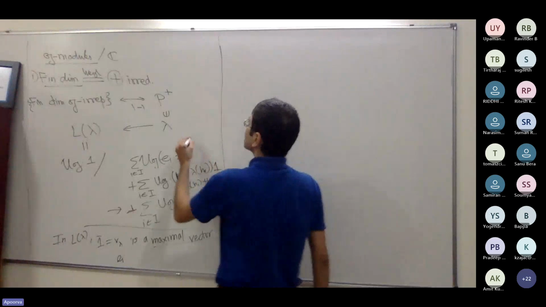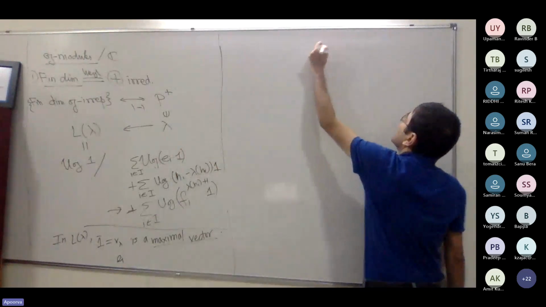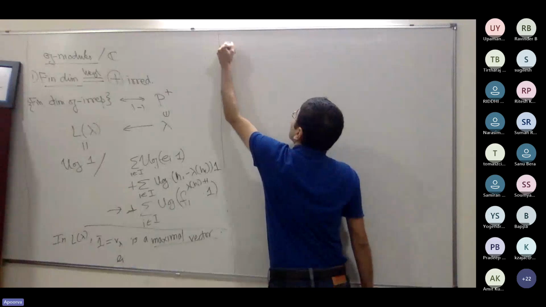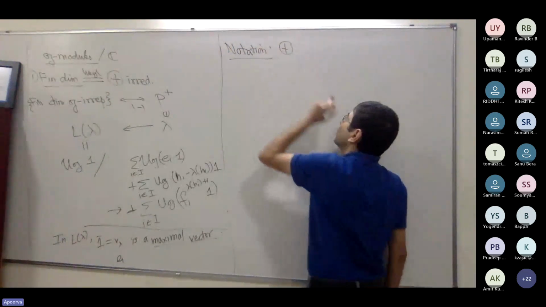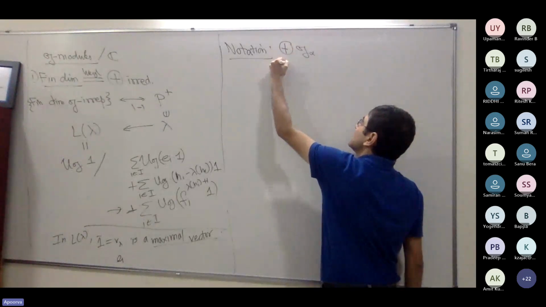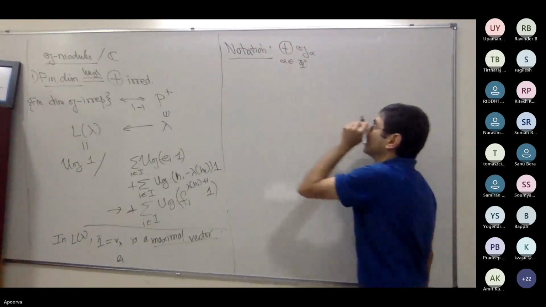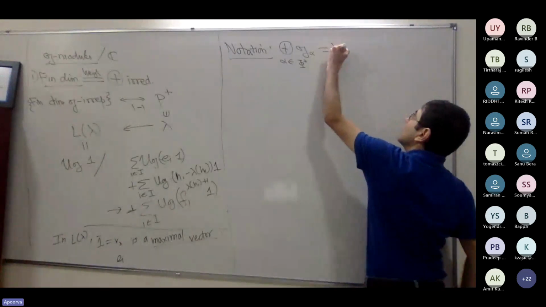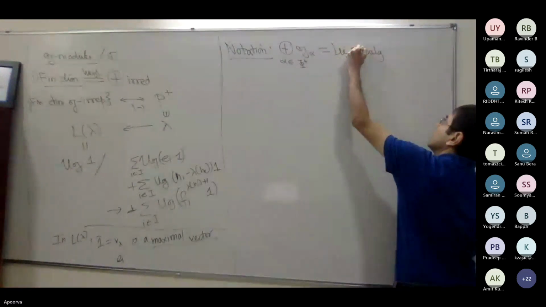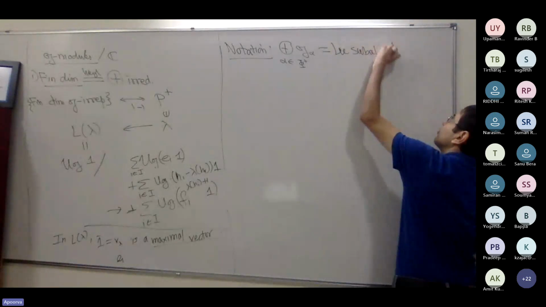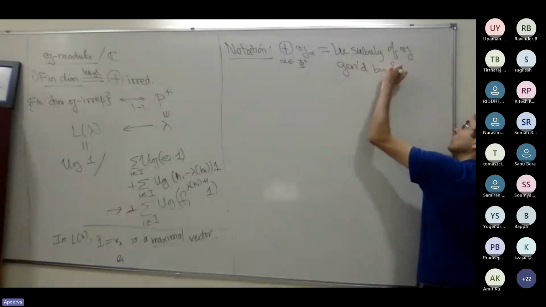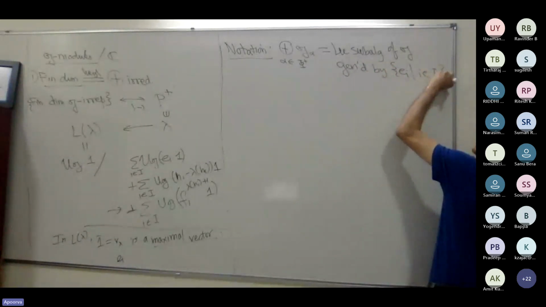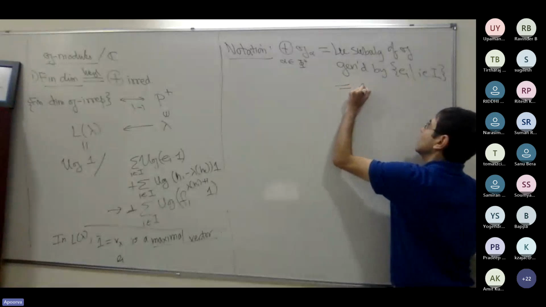Let me remind you of the notation: if you look at the direct sum of all the positive root spaces, this is the Lie subalgebra of G generated by the E I's, and this is what we call N plus.